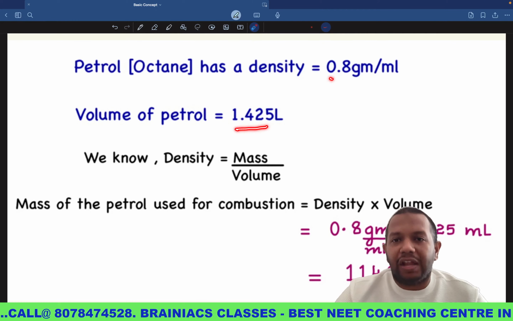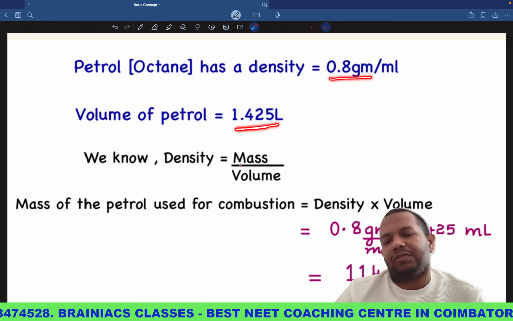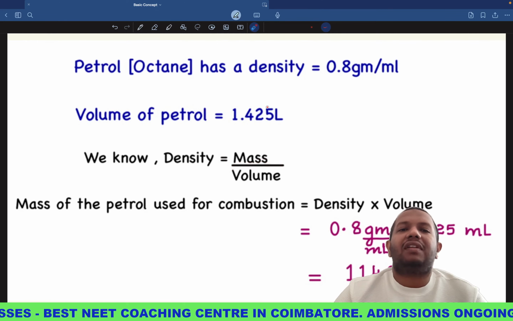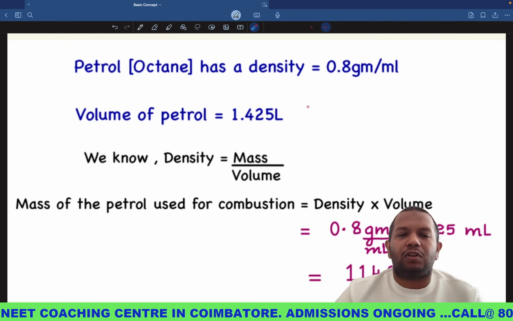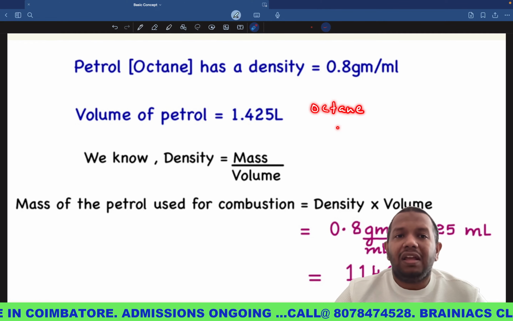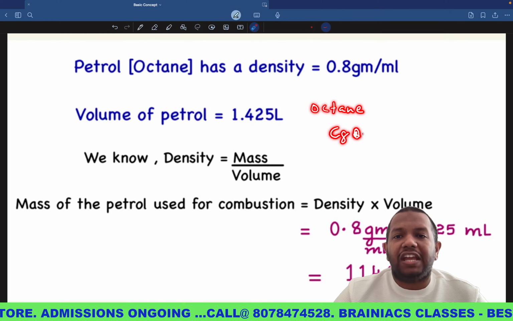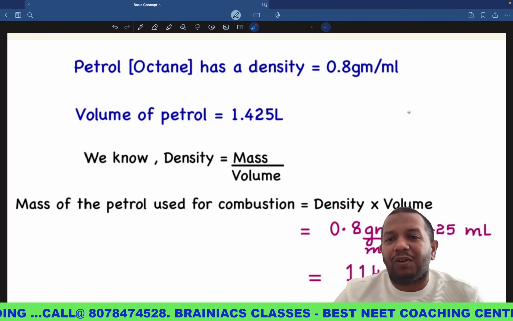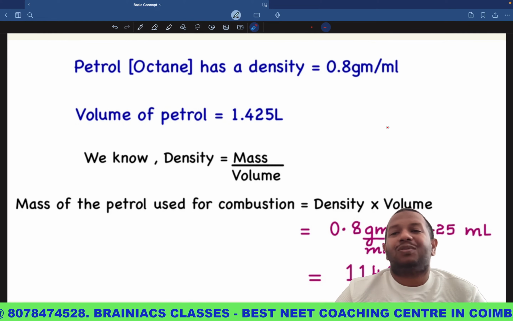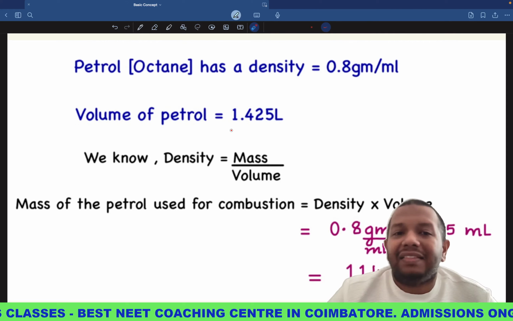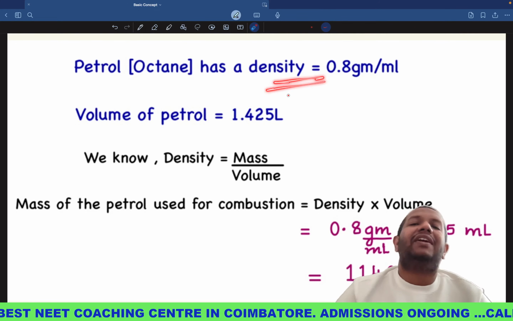If density and volume are known, we can calculate the mass. Many students will ask, sir, why can't we do it with respect to volume of octane? Because octane, C8H18, has a huge mass. It is not a gas. Petrol is a liquid, sir, so we cannot apply the concept of STP and everything. That is the reason why density is given in the question.